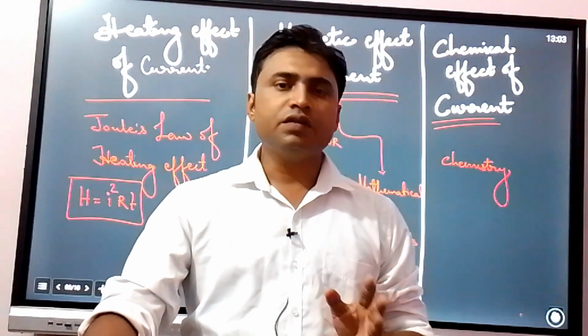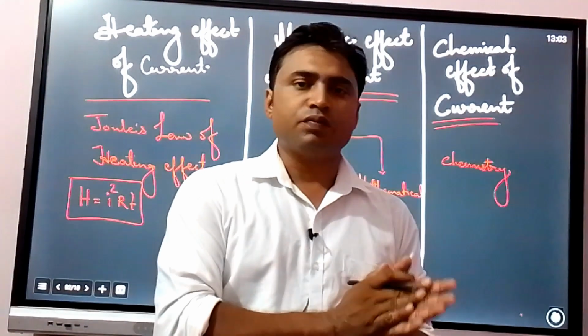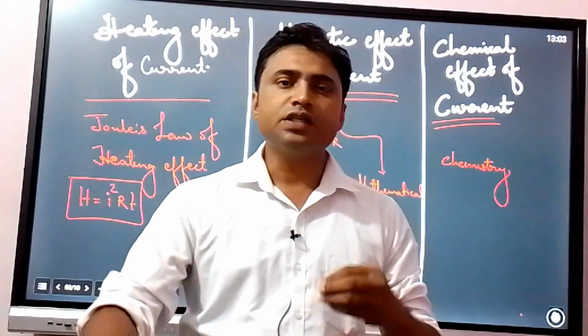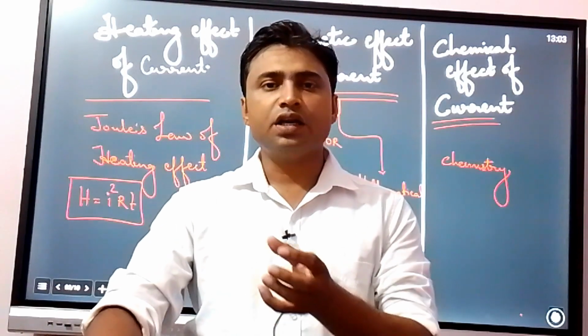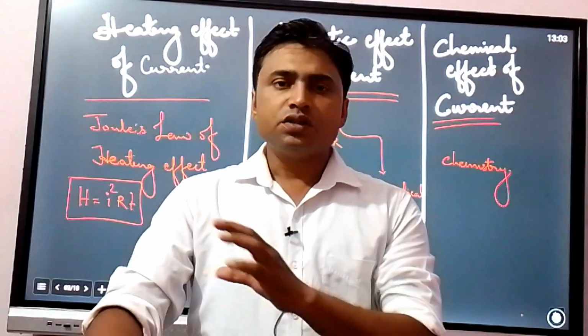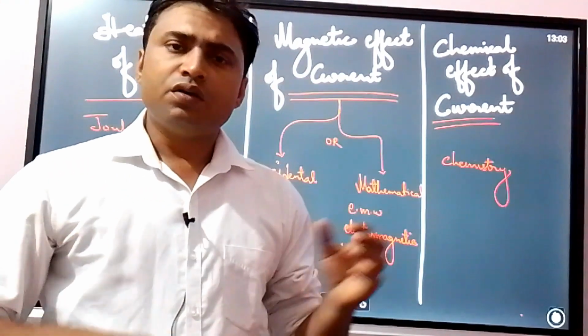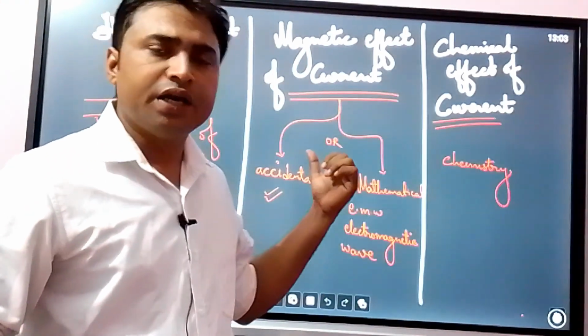Whenever the bulb glows, heat comes out from the bulb, and we can feel it. Our sense organs can feel the hotness of the bulb. So it gave natural direction to the scientists to do research on the heating effect.